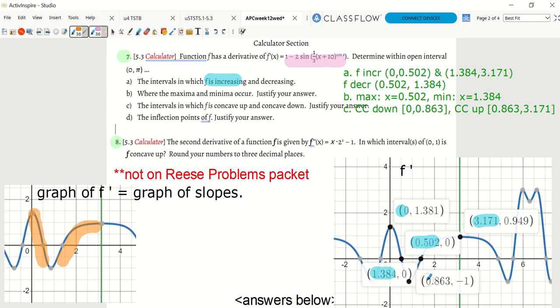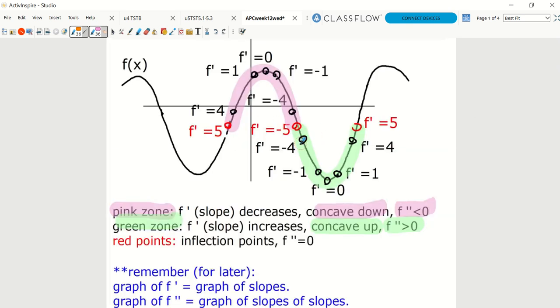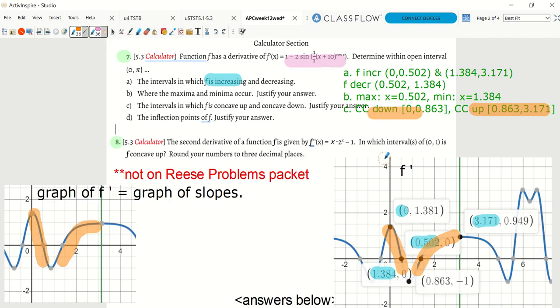So again, I'm reflecting concave down, concave up, because remember, concave down is where the slopes are decreasing, 5 to 4 to 1 to 0 to -1 to -4, and concave up is when slopes are increasing, -4, -1, 0, 1, 4, okay?